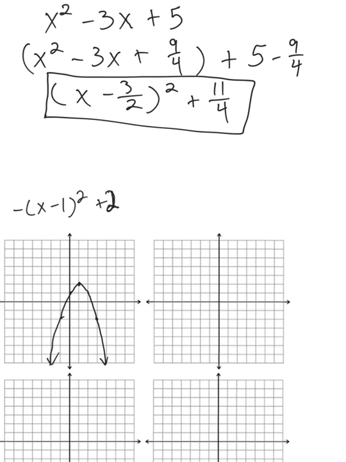What if we had a different type? Let's give another example. What if we had, let's say, 2(x plus 2) squared minus 3? Whatever the 2 is, my vertex is going to be at (-2, -3). So (-2, -3) starts here. I know this is a positive parabola going up, but the slope is increased by 2.